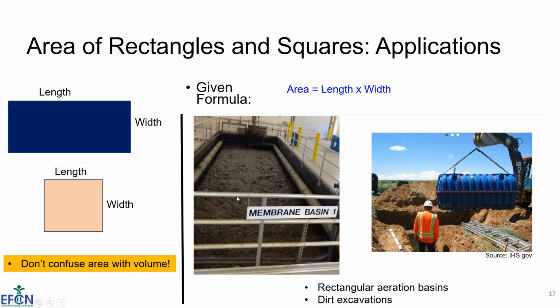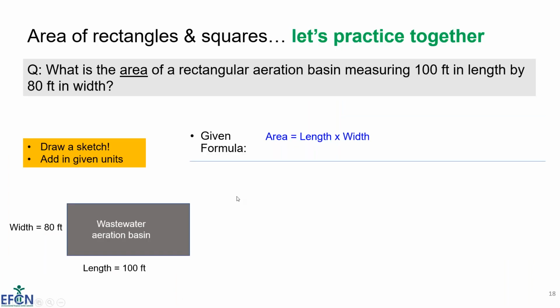You want to know how much volume of soil you're digging out or what area you want to deal with. So all these are applications where you need to know the area of rectangles and squares. So let's do a practice problem together on the areas of rectangles and squares. What is the area of a rectangular aeration basin measuring 100 feet in length by 100 feet in width?